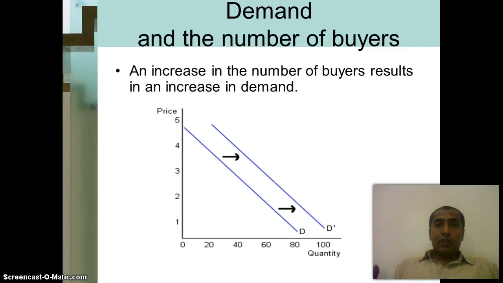Yes, of course, it will increase because now more students are willing to buy food and eat it. So similarly, when the number of buyers in the economy as a whole increases, demand increases. And when demand increases, the demand curve moves right upward.